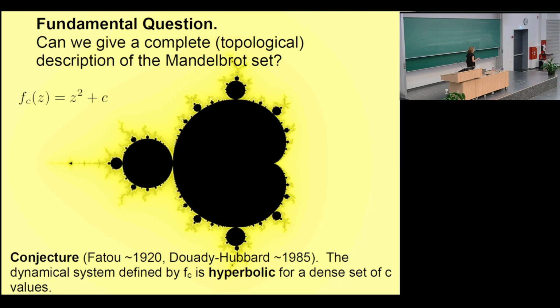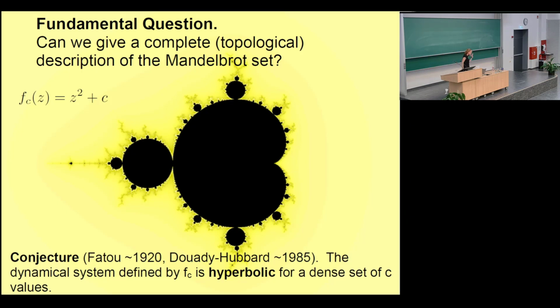They conjectured that most of these quadratic polynomials, most in a topological sense, that is to say, a dense set of parameters, correspond to what we call a hyperbolic dynamical system. I don't want to spend time on the definition of hyperbolic because it's not important for this talk, but conceptually it means easy. Conceptually it means we understand it.